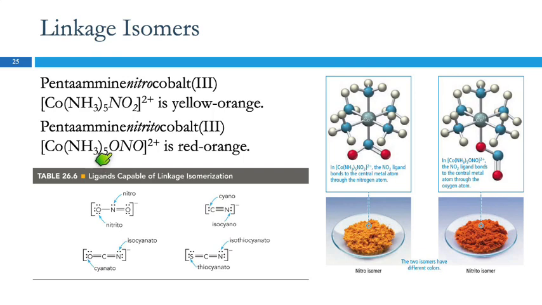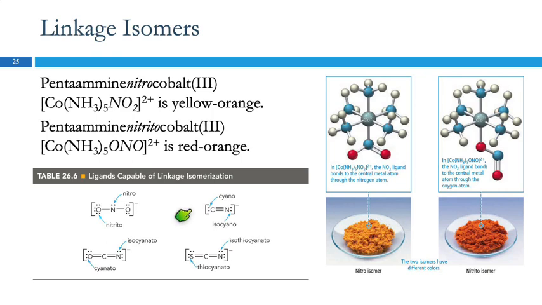If that nitro group is attached at the oxygen instead, then it's called nitrito, and the color is different. And we can look here at the ball and stick model. We've got the nitrogen attached to the cobalt, and over here we have an oxygen attached to the cobalt. It's a very small difference, right? But they are different.